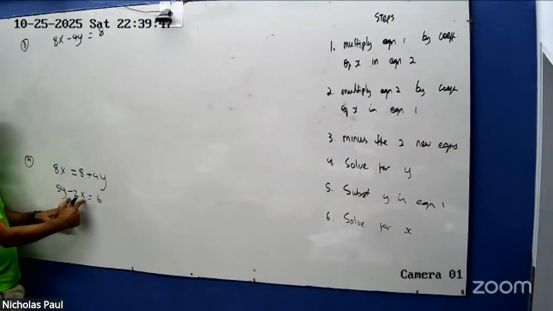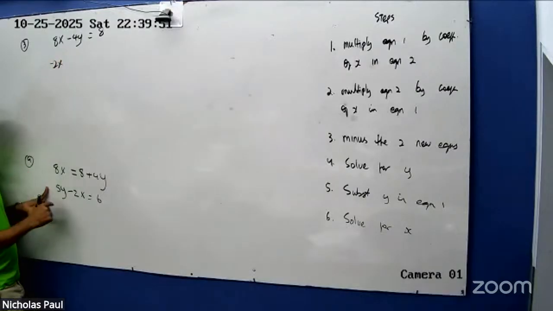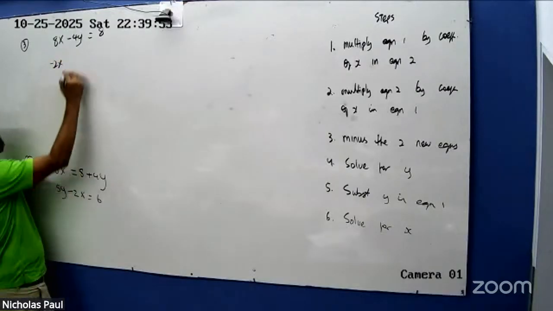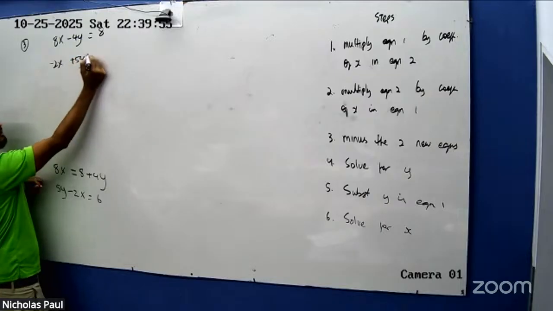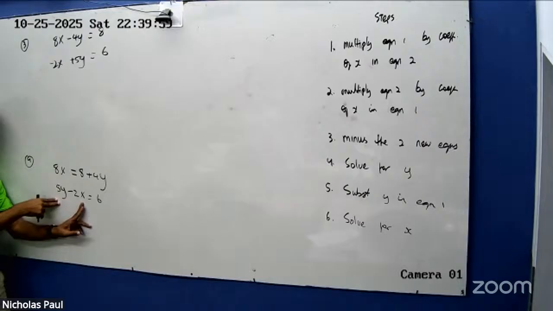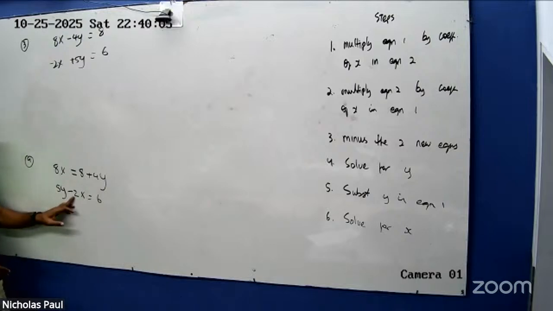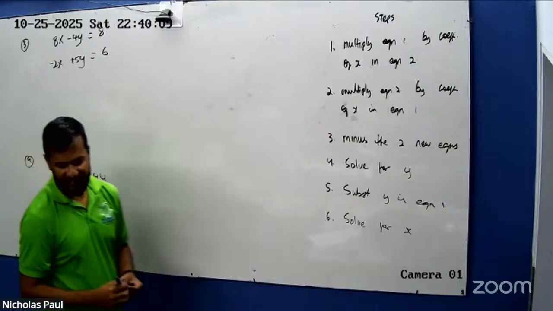I'm taking the minus 2x and bringing it in front, so it stays minus. And the positive 5y are just switching places. Equal to 6. Right? Remember, I'm just switching them, so I don't have to change the sign. So when I move it across the equal sign, then I change the sign. So it stays minus 2y and it stays plus 5y. Hurry up and fix it.